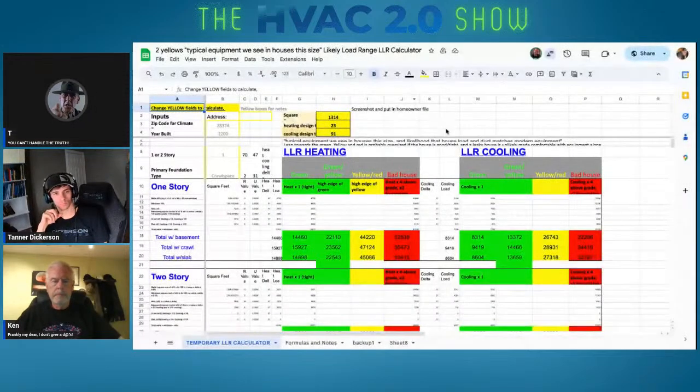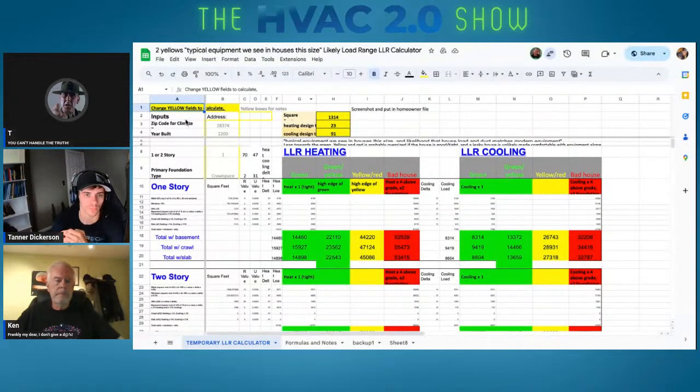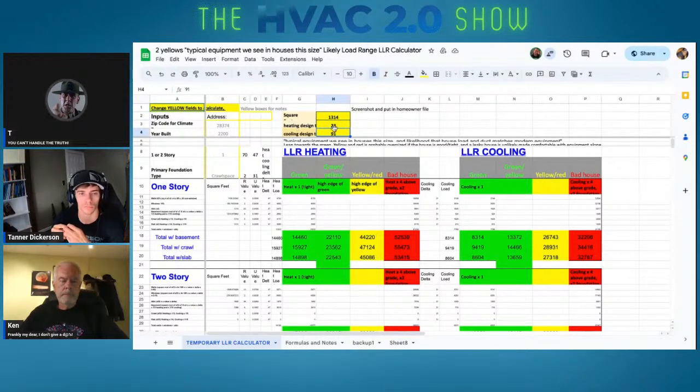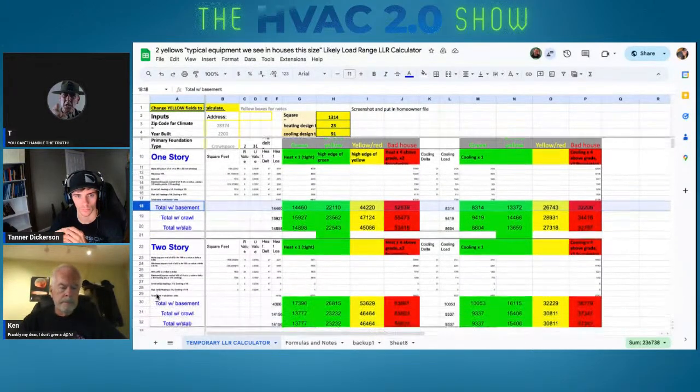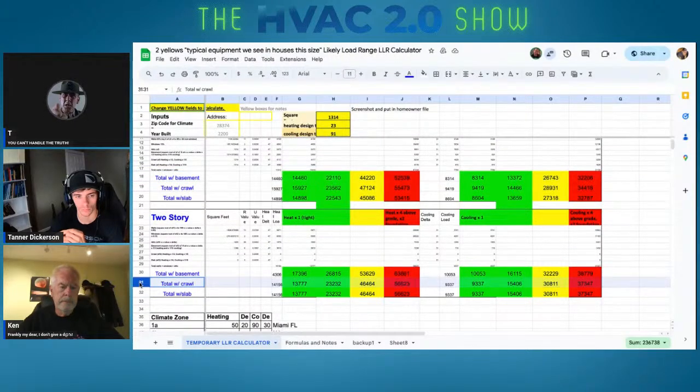So what I've done here with a likely load range is, all you have to do is put in your heating design temperature, your cooling design temperature, and your square footage. And then you go to either 1 story or 2 story. If it's 1 story with a basement, you go here. Or if it's 2 story with a crawl space, you go here.